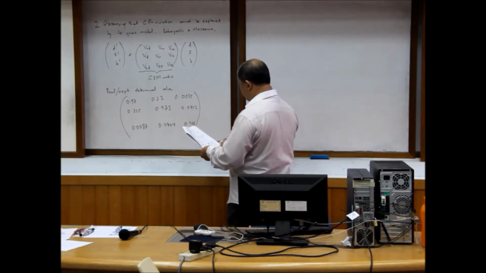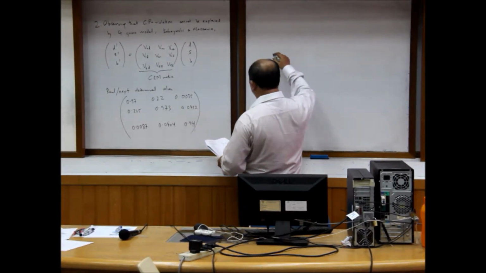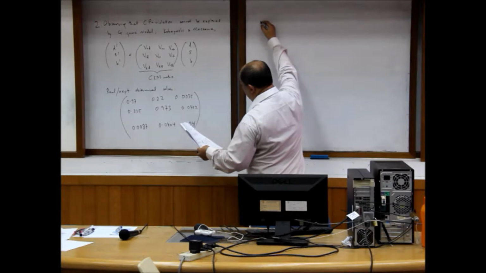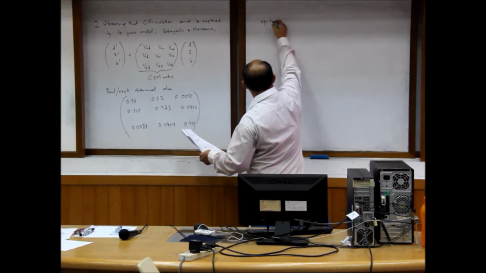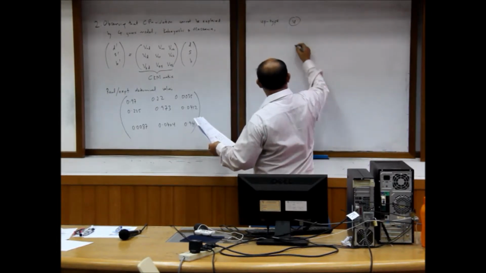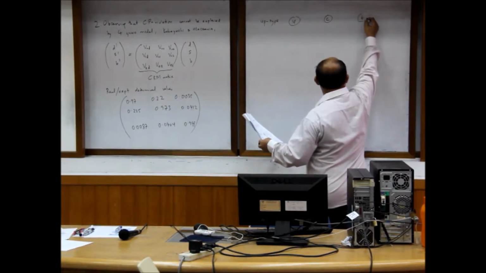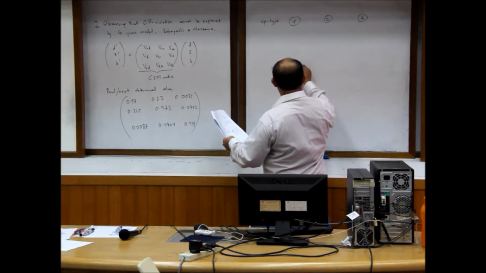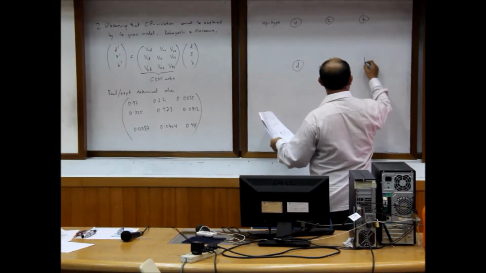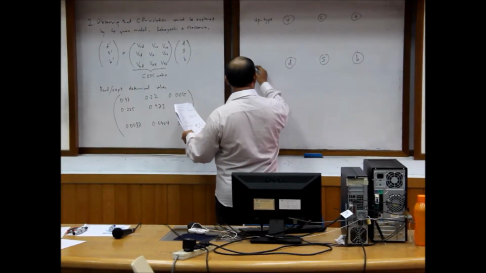And you can define this if you draw what you call up-type mixing: you have up, charm, top on one side, and then you have the down, strange, and bottom here. So these are the down type.